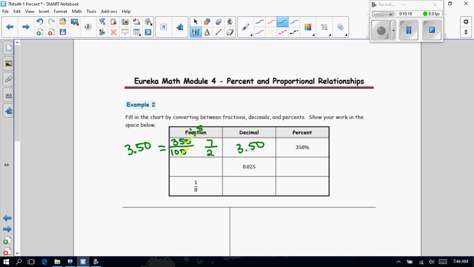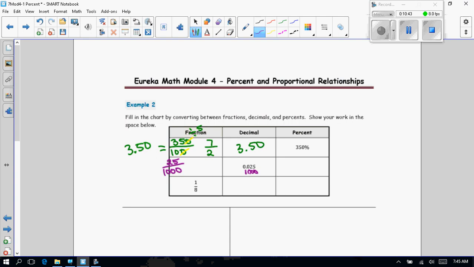Okay? Well, what if I give you the decimal and say, hey, I want you to change it over to a fraction? So I'm going to put my invisible 1 and zeros underneath here. So my 5 is in the thousandths place. So in other words, I could write 25 over 1,000. Unfortunately, percent means out of 100.